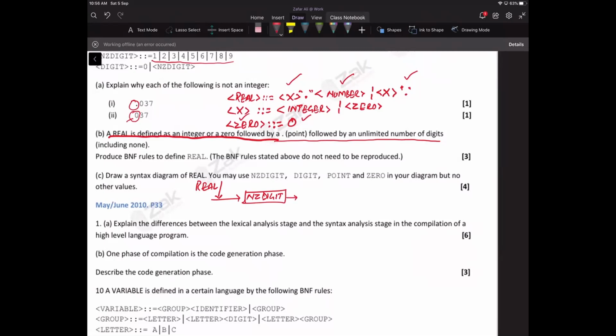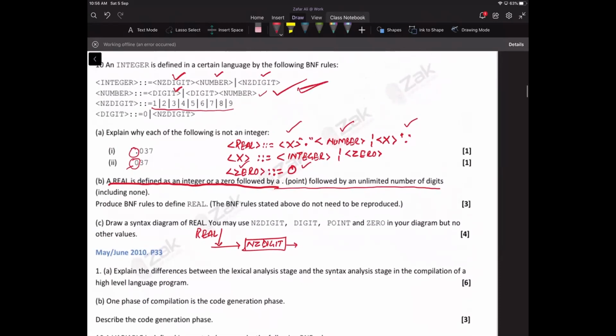They have not allowed us to use number, so we have to make number over here. So a non-zero digit, this is integer, or 0. So first we have to describe integer. Integer is a non-zero digit and a number. Number is actually any combination of digits. So digit, and digit can be any combination of digit. So this is basically integer.